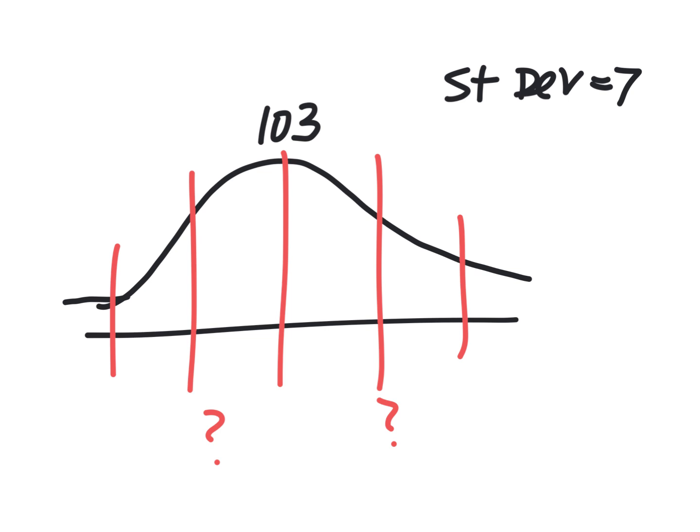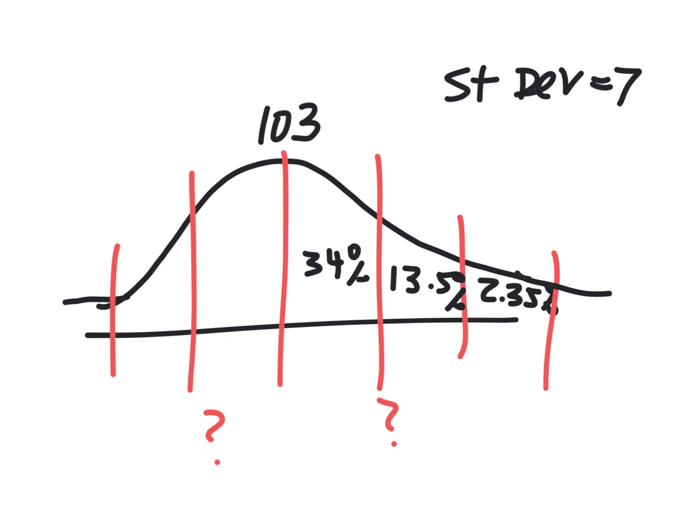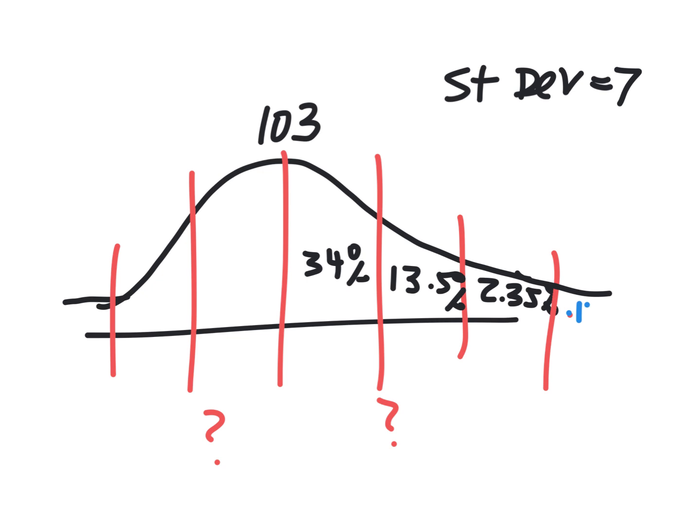And then, when we give you this chart, which we will, if this is 34%, and this is 13.5%, and this is 2.35%, and then the last one, if you have any humans that are way out there, they're only in the 0.15%, not even 1%, 0.15%.